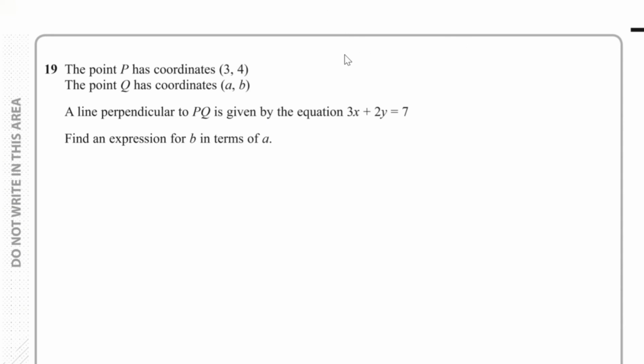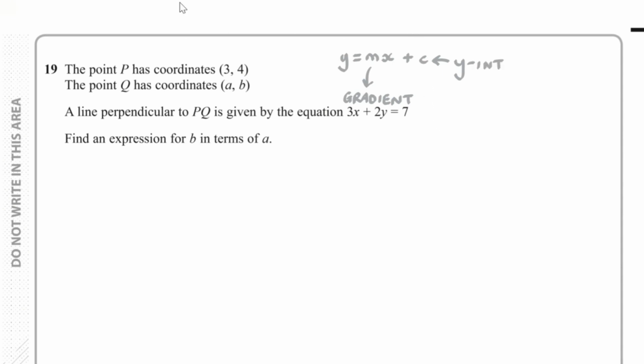Well, in general, an equation of the straight line is given in the form y equals mx plus c. And m here would represent the gradient, and c would represent the y-intercept.